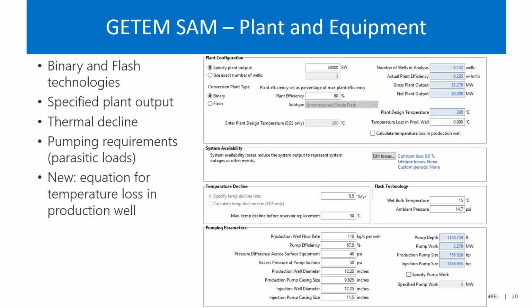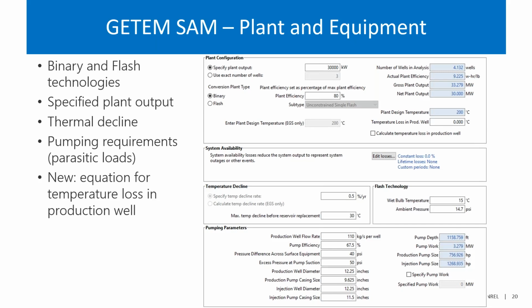Next, you can define your plant. You can specify either by the kilowatt output you want for your plant or the exact number of wells that you have. You can specify whether you have a binary or flash plant and the efficiencies that come with that. You can either specify a constant temperature loss in your production well or use the Ramey model calculations to calculate the temperature loss in the production well.